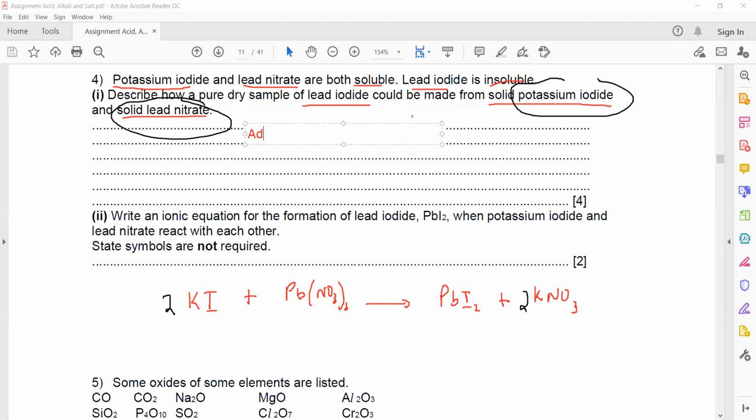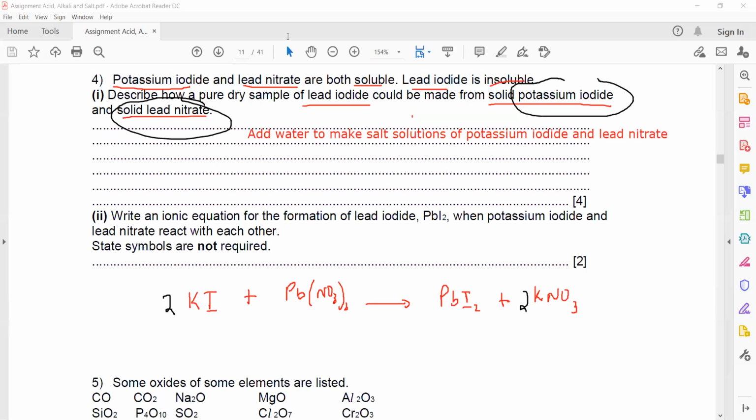One more extra step we have to do here: we'll add water to make salt solutions of potassium iodide and lead nitrate. So the first step is we add water and make a solution of these two.